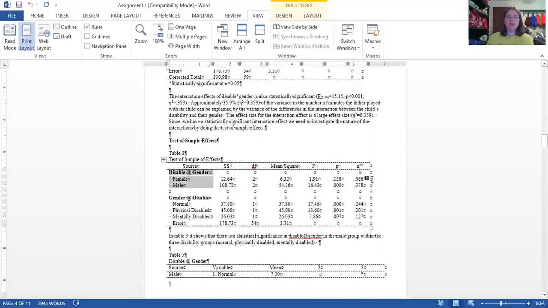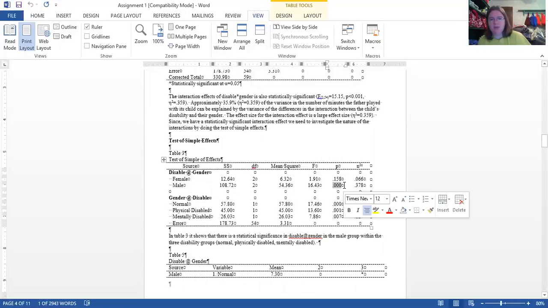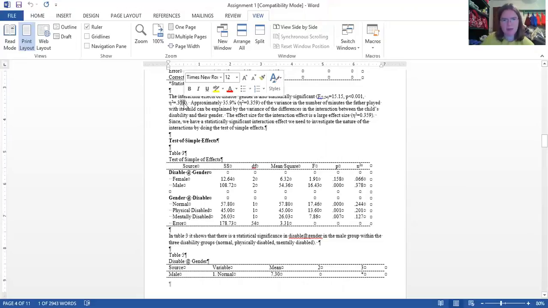It says the interaction effect of disabled at gender is also statistically significant because of this value right here. The F statistic is 15.15, less than 0.001, and η² is 0.359 now. I must have messed up in writing that, because I think it actually is 378. So this should be 378.